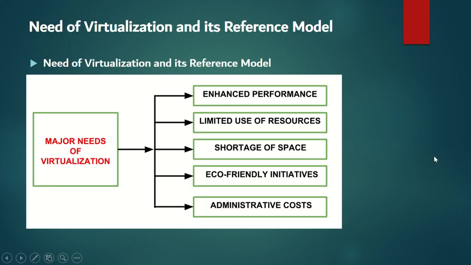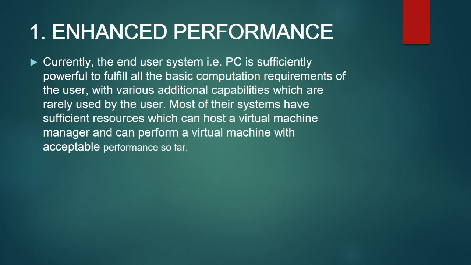In this slide, what I explained is all here, you can read it. Then, what is the need for virtualization and its reference model? The major needs of virtualization are enhanced performance, limited use of resources, shortage of space, eco-friendly initiatives, and administrative cost. We will see each in detail. First, enhanced performance.